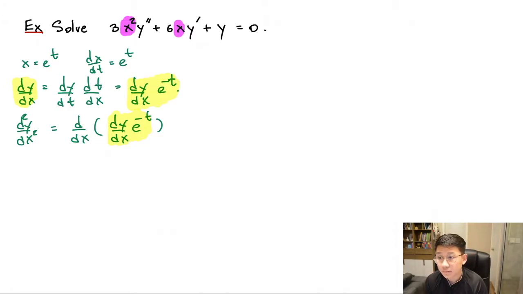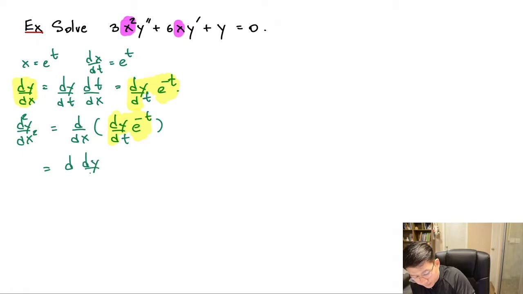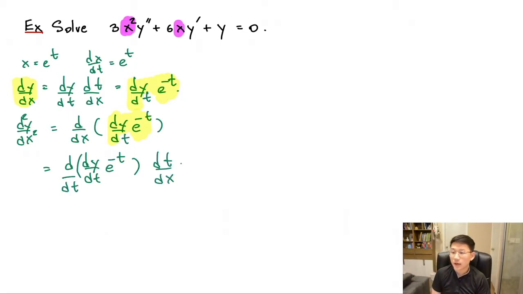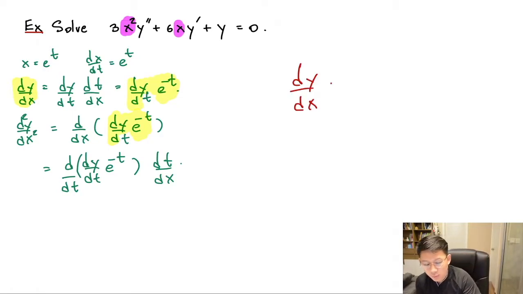Guys, this typo here is dy by dt, sorry. Then we have d of this guy by dt, and then dt by dx, right? Again, don't forget that dy by dx is dy by dt times dt by dx.